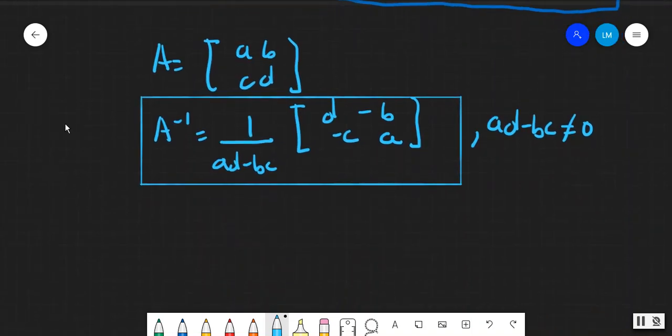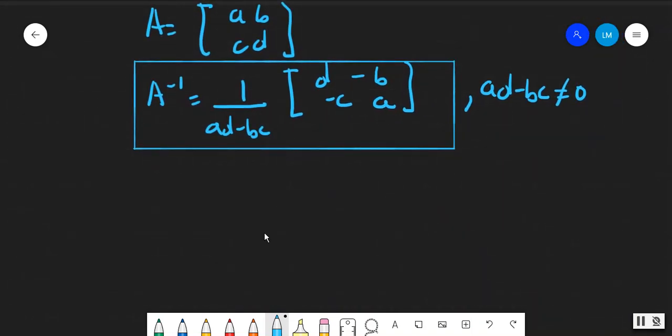So that means that if A inverse does not exist, then there are two possibilities.